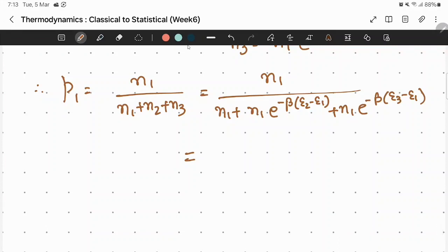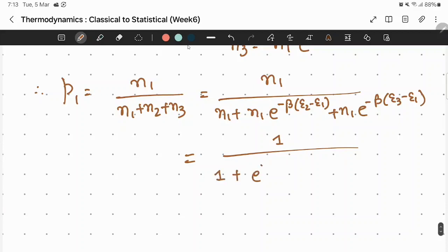So it will be 1 divided by 1 plus e to the power minus beta (E2 minus E1) plus e to the power minus beta (E3 minus E1).